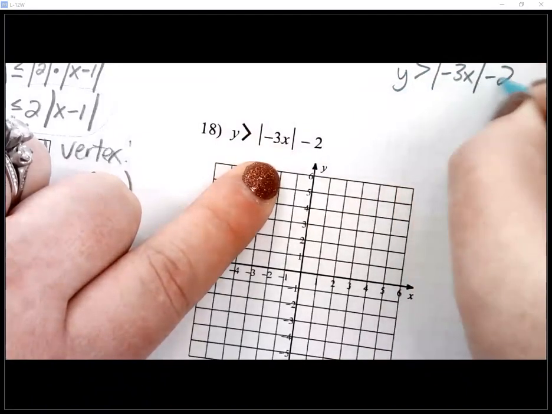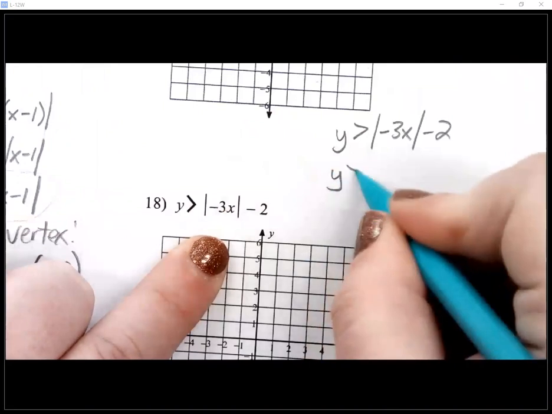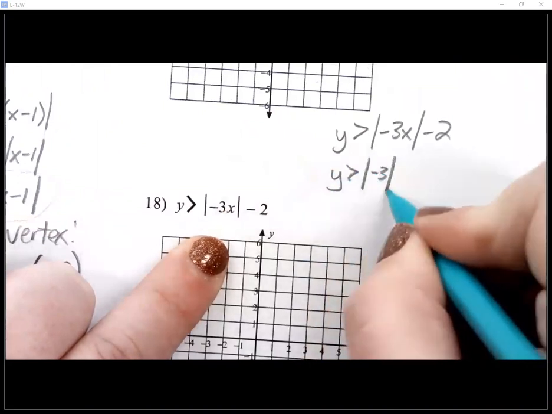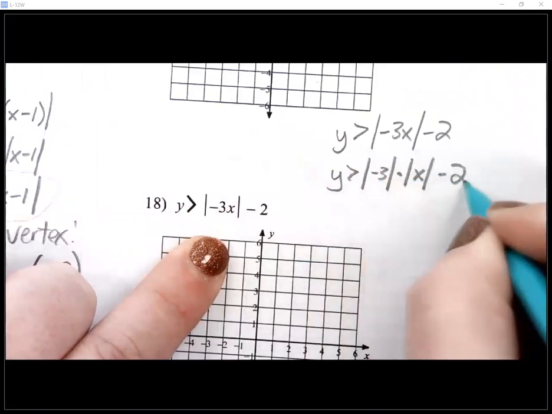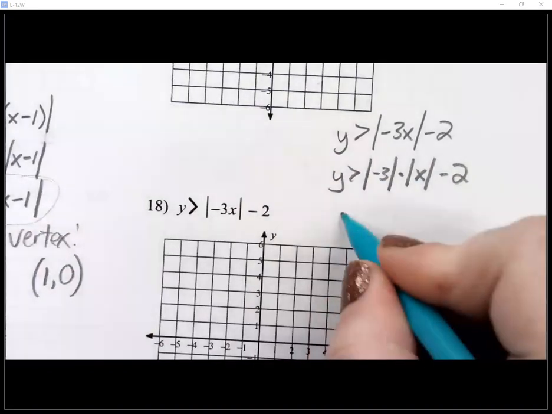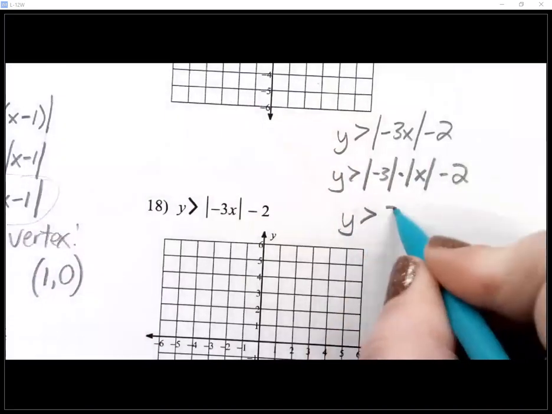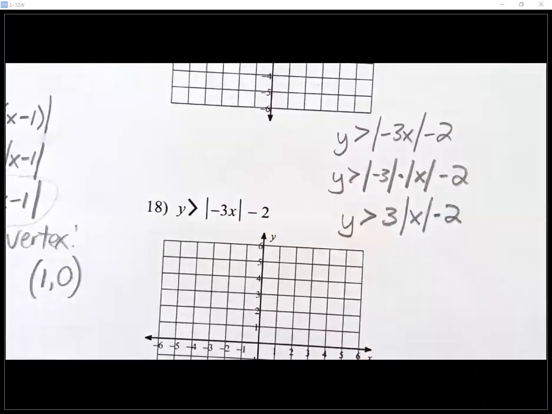Since it's just multiplication in there, I can split this up into absolute value of -3 times absolute value of x. And now I know the absolute value of -3. It's just 3. So when I rewrite this thing, it becomes that. And that's something I can work with.